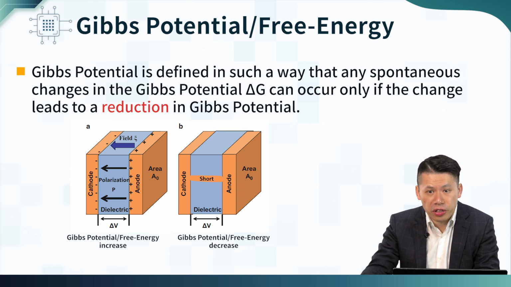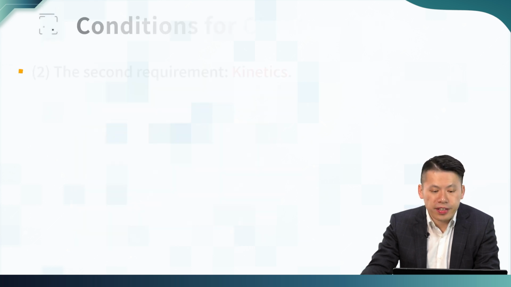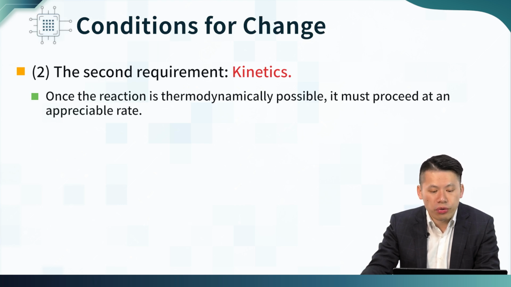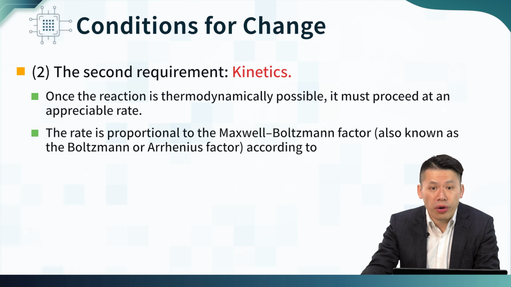And the second requirement is kinetics. Once a reaction is thermodynamically possible, it must proceed at a certain rate, and the rate is proportional to the Maxwell-Boltzmann factor, also known as the Boltzmann or Arrhenius factor.